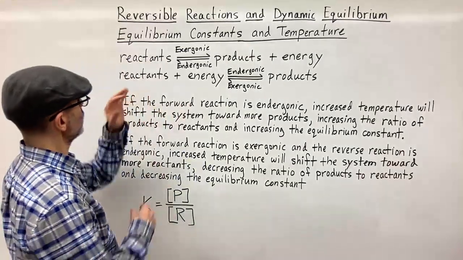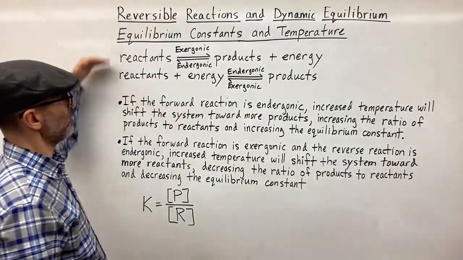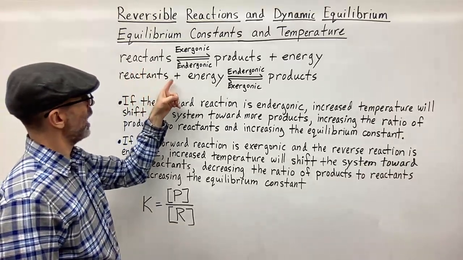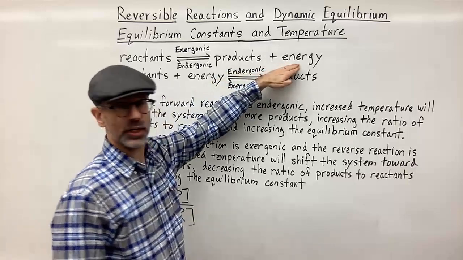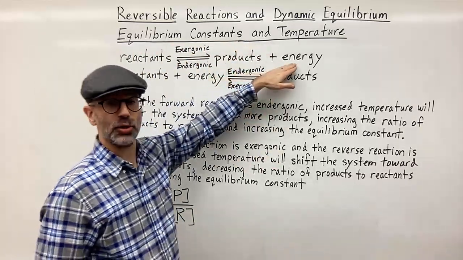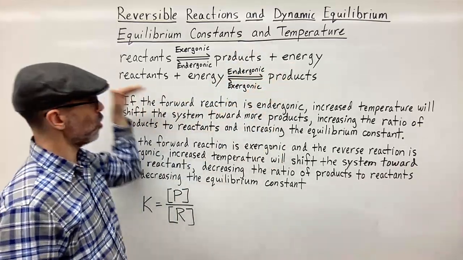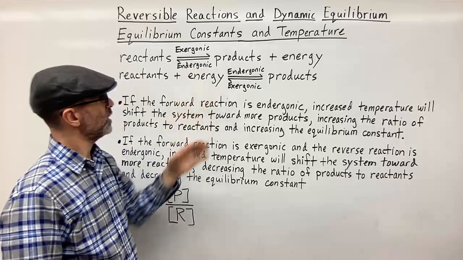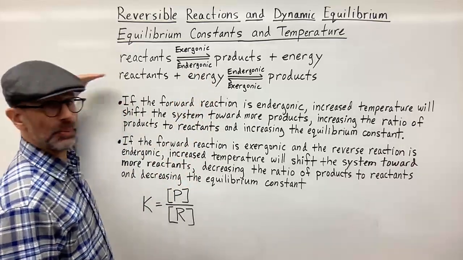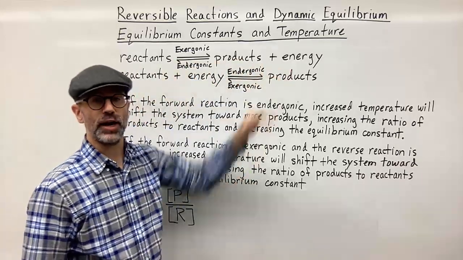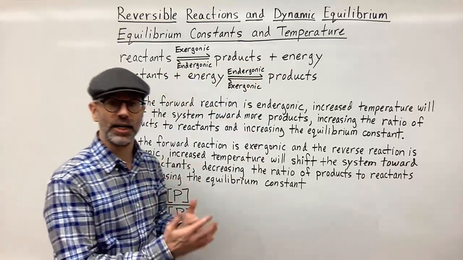So if you see here, we have a couple of scenarios. So either the energy can be released during a reaction, right? Going in the forward direction, you can either produce energy, or you could absorb energy. And so typically, if you have energy being absorbed in the forward direction, you would call that an endergonic reaction.